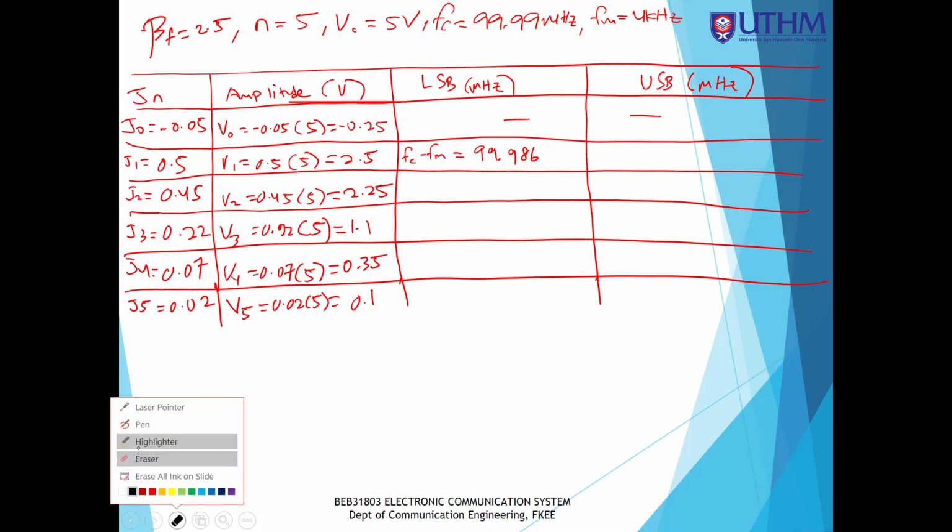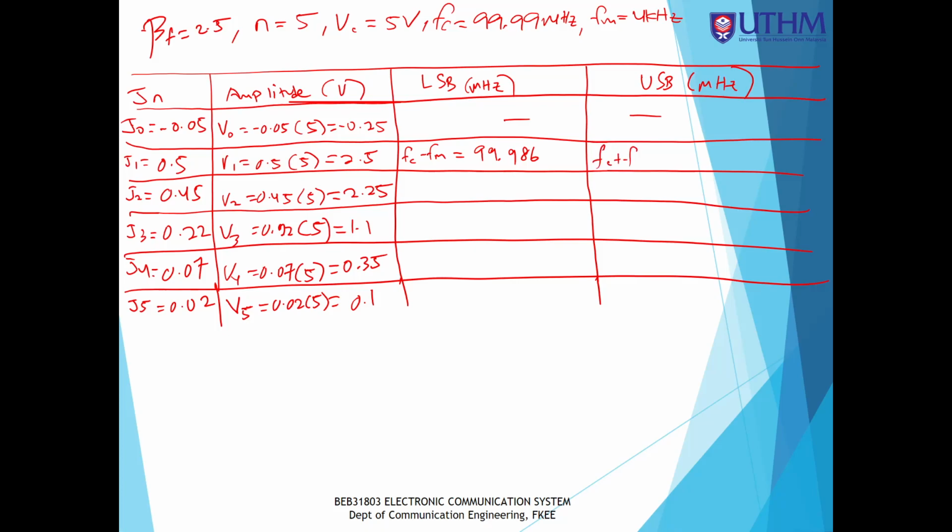Okay, you can cross check my answer. Please cross check my answer. Fc plus Fm is 99.994 megahertz. And then Fc minus 2 Fm is 99.982 megahertz.